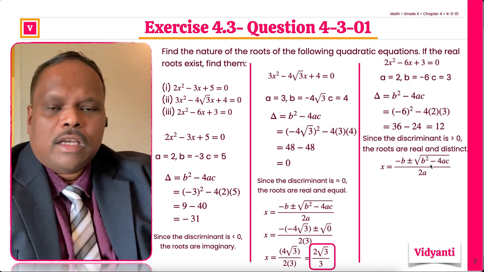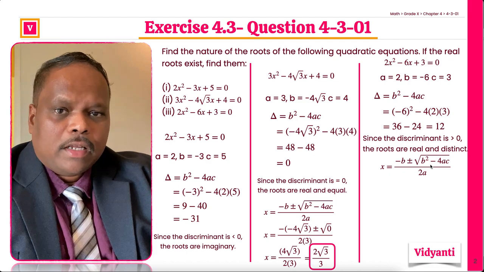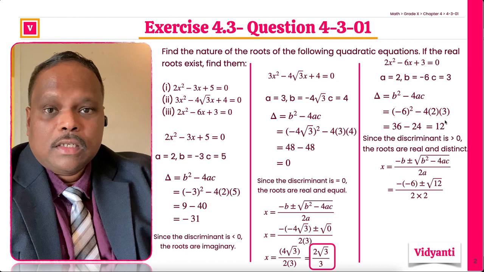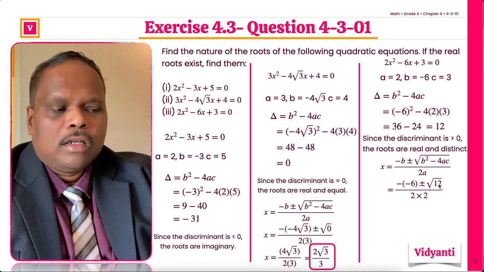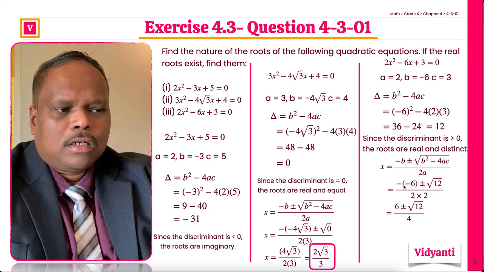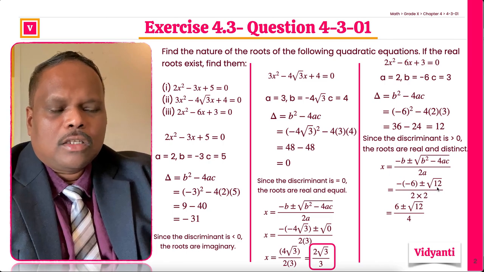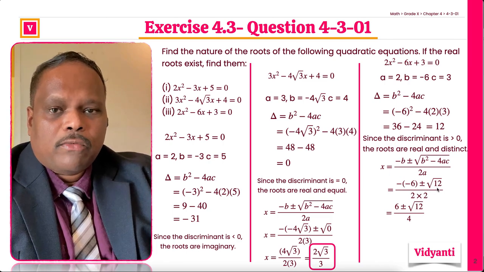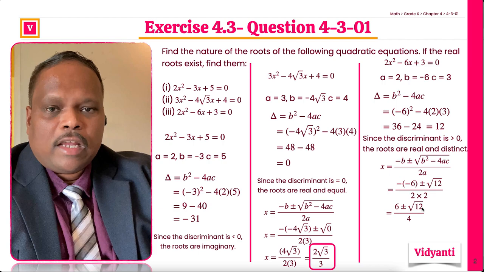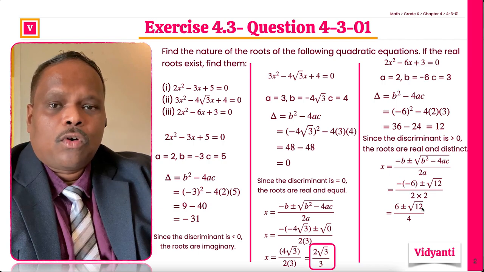Let's see. Again, apply the quadratic formula and now substitute the values. b square minus 4ac is already evaluated, that's 12, and minus minus will become positive, so this is 6. Since 12 is not a perfect square, we can leave it as it is, but let's try to simplify as much as we can. 12 can be split as 4 times 3.